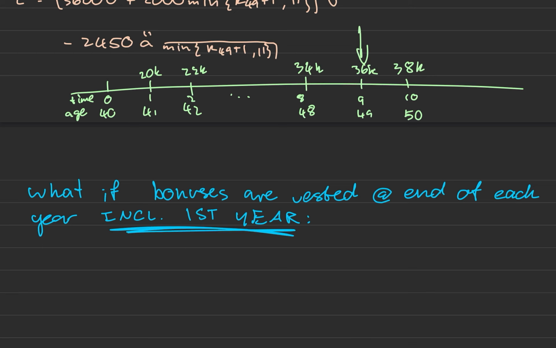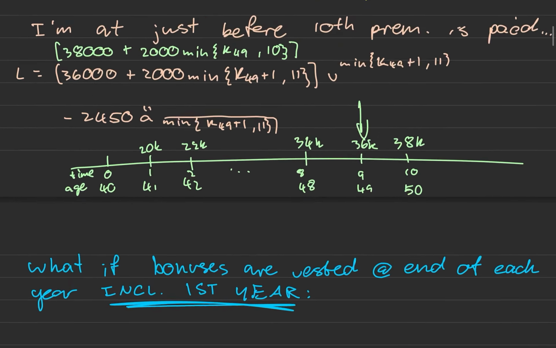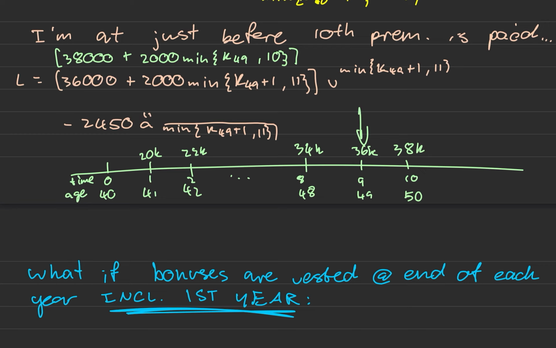So that's the difference. Bonuses here are vested at the end of each year. We can see that this is true because the sum assured amount increases each year. But now what happens if the increases also must happen within the first year?